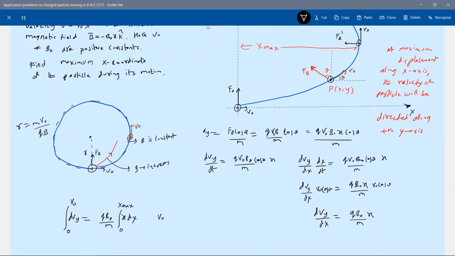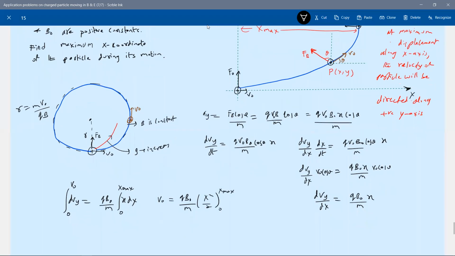So solving this, v naught is equal to q B naught by m. So finally, our answer is 2m v naught by q B naught.